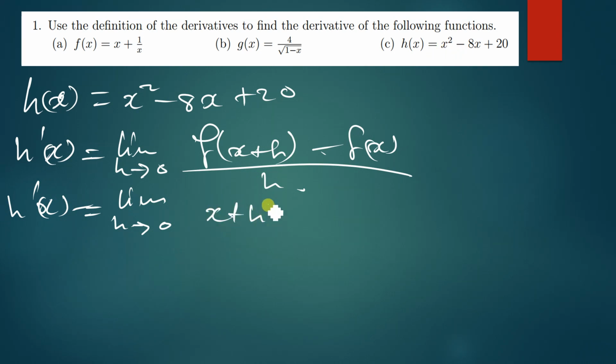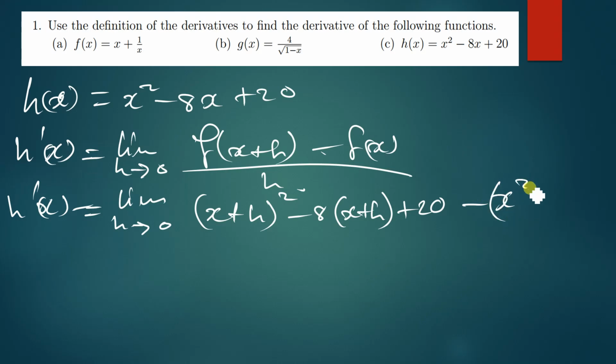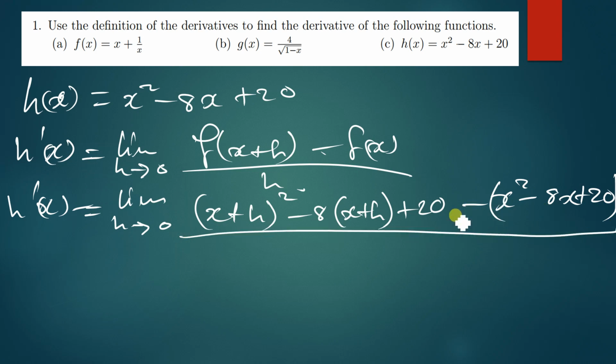So we have (x plus h) squared minus 8(x plus h) plus 20, then minus x squared, plus 8x, sorry, there's a minus there, so we put minus, then minus 20, then everything divided by h.